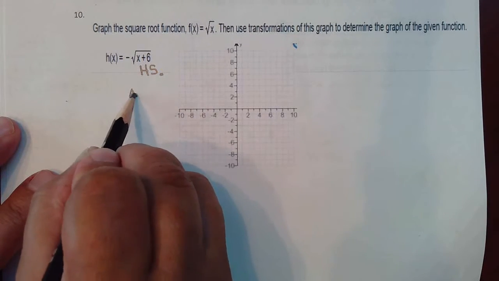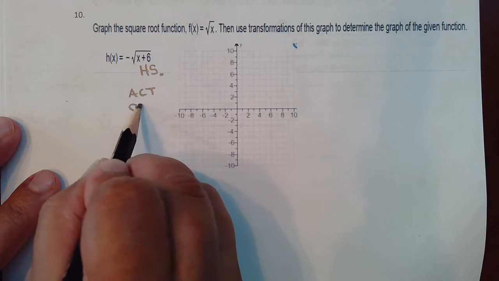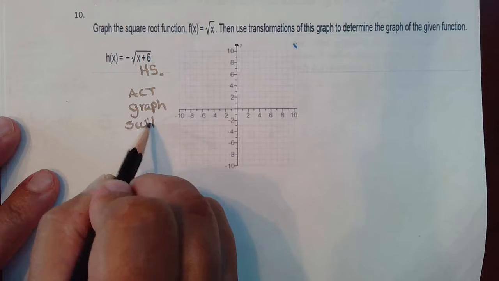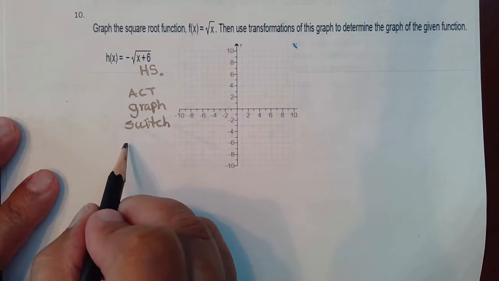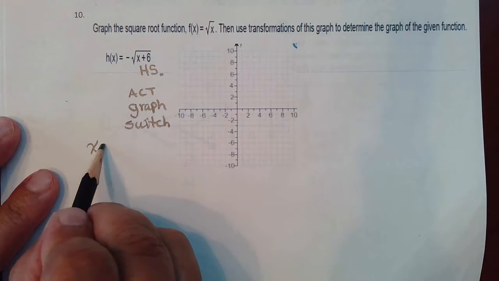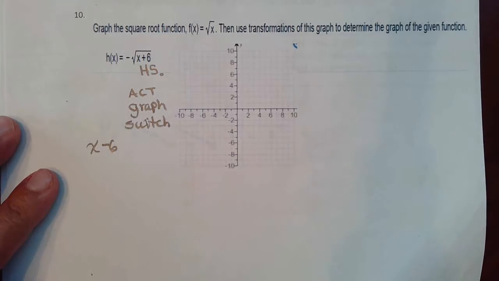In order to act upon it in the graph, you need to remember to switch the sign. So you're going to be taking your x's and not adding 6, you're going to be subtracting 6.